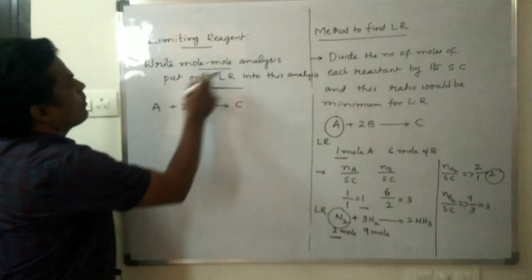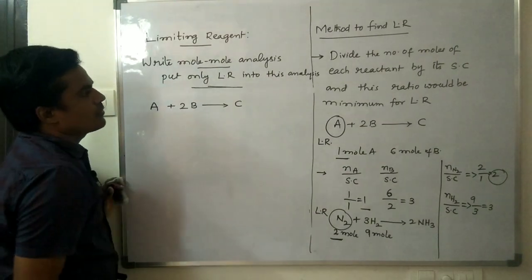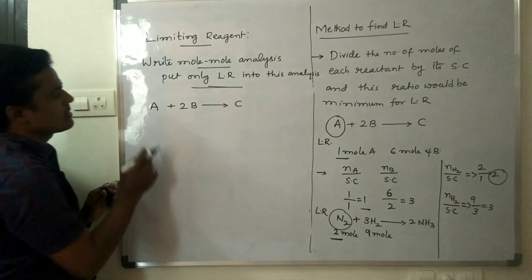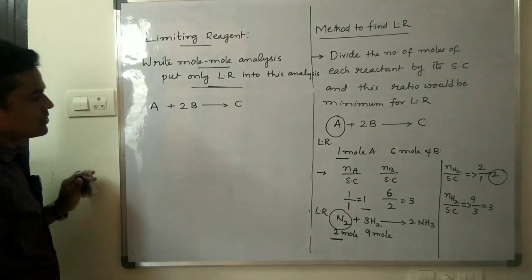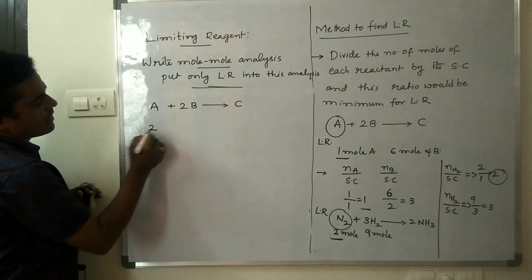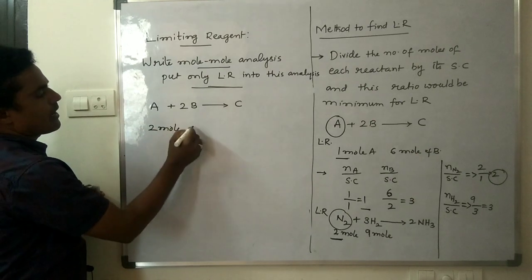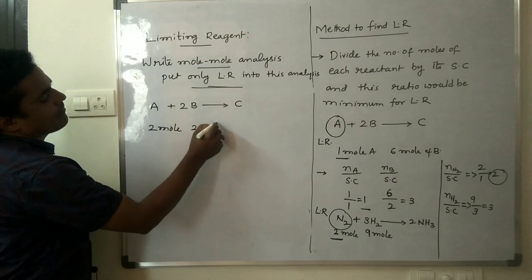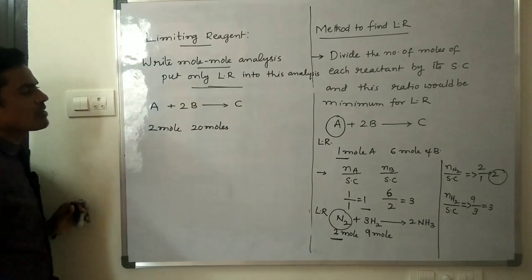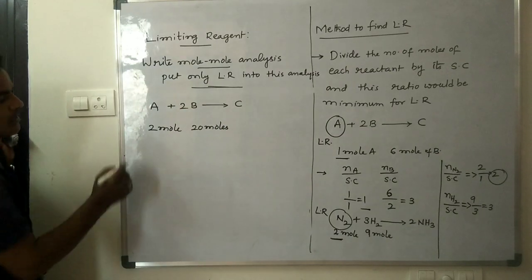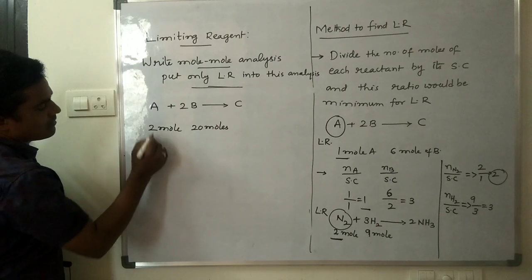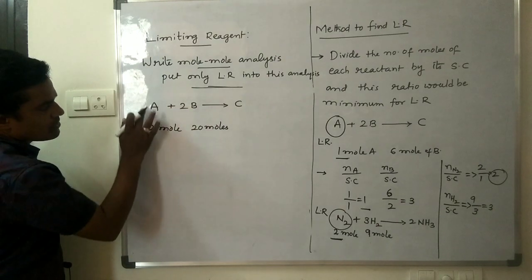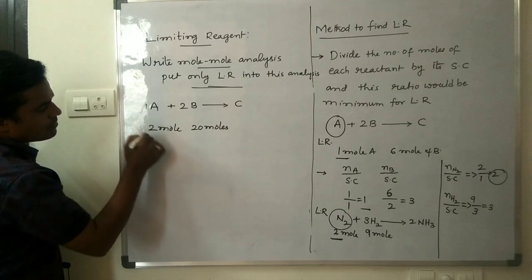Now write mole analysis, put only the limiting reagent into this analysis. If A plus 2B gives C, it is a stoichiometric equation. Initially if you take 2 moles of A and 20 moles of B, the limiting reagent can be found from the number of moles of A upon its stoichiometric coefficient. How many moles of A taken?